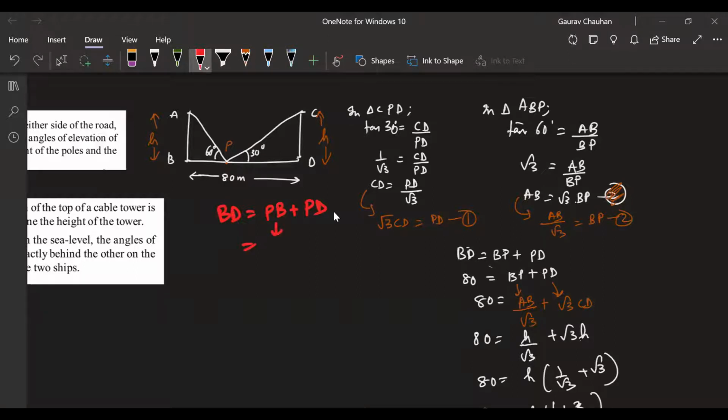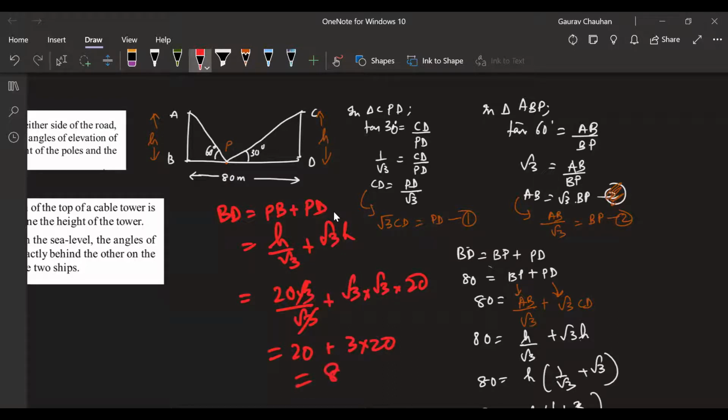BP is H by √3, plus PD is √3H. That's equal to 20√3 by √3 plus √3 into √3 into 20. This goes to 20 plus 3 into 20, that's equal to 80 meter.